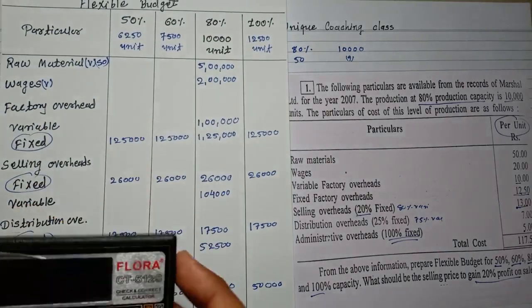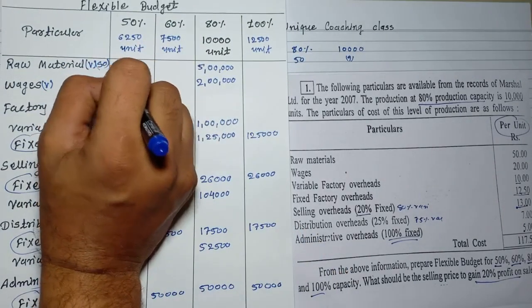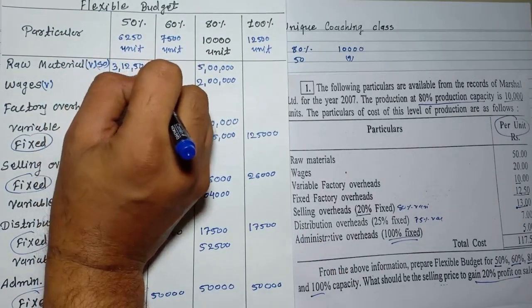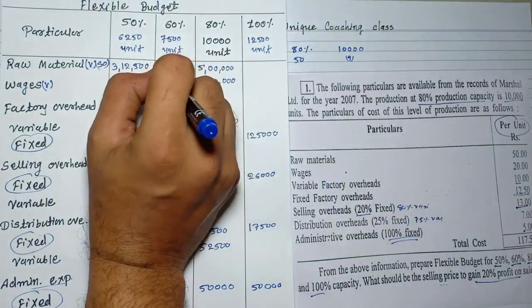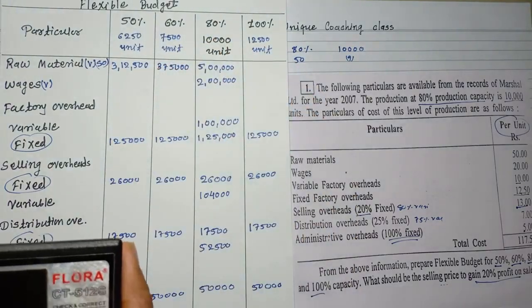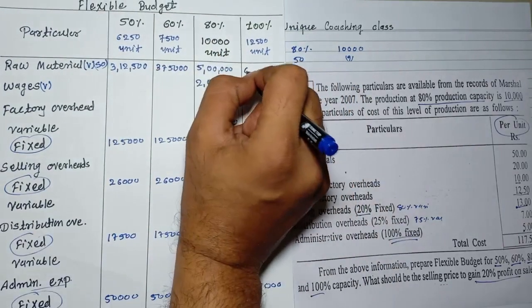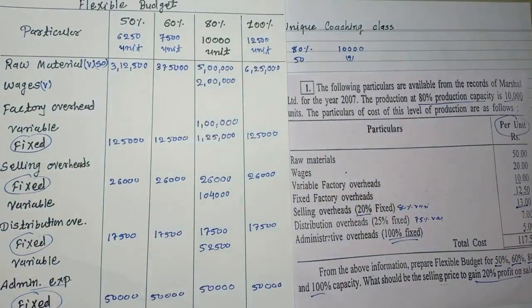Okay, first of all 6,250 into 50 will come to 3,12,500. Then 7,500 into 50 is 3,75,000, and last 12,500 into 50 is 6,25,000. Clear? Okay, then wages is also variable.